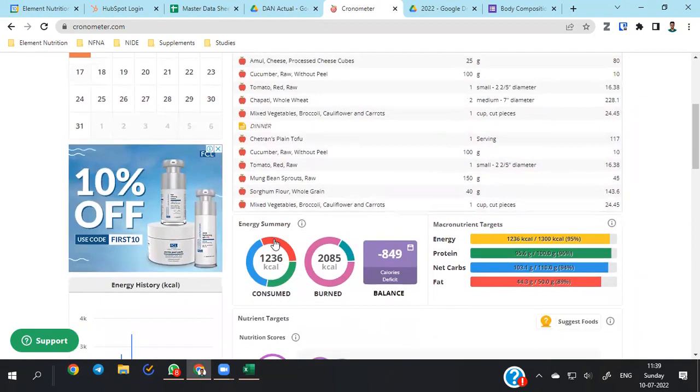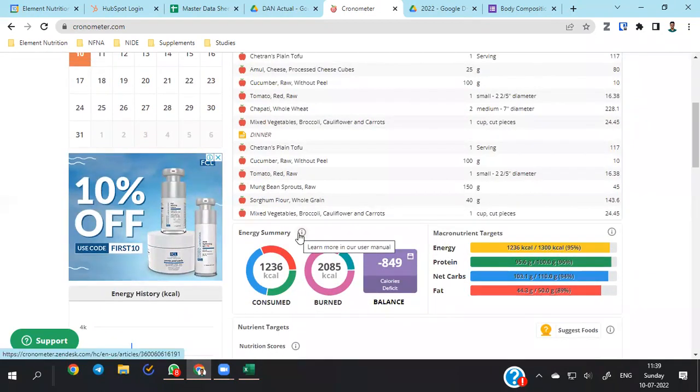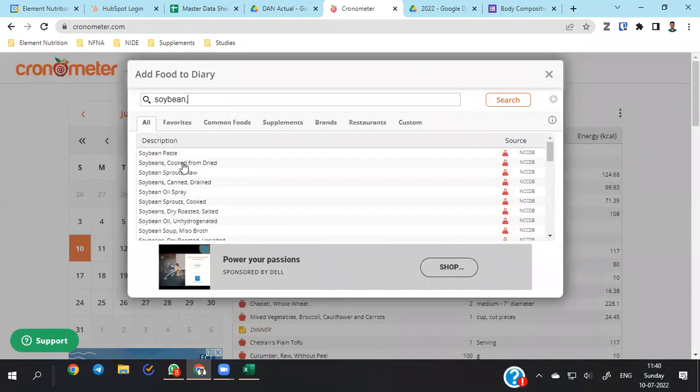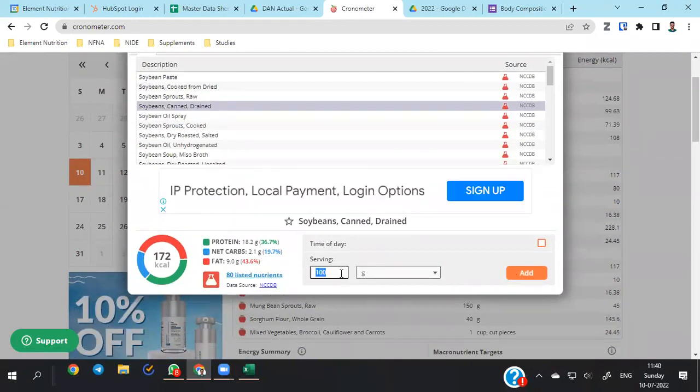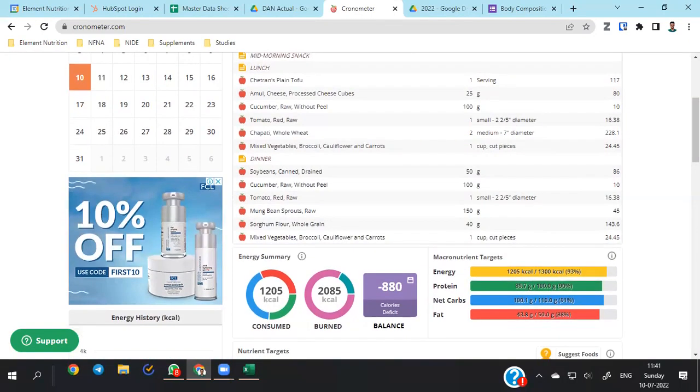How much protein is there? There's almost 100 grams of protein now. There's soya chunks. Paneer is not, soya bean also not coming here. I'll just go for soybean canned dried, 50 grams or so, almost 100 grams of protein.